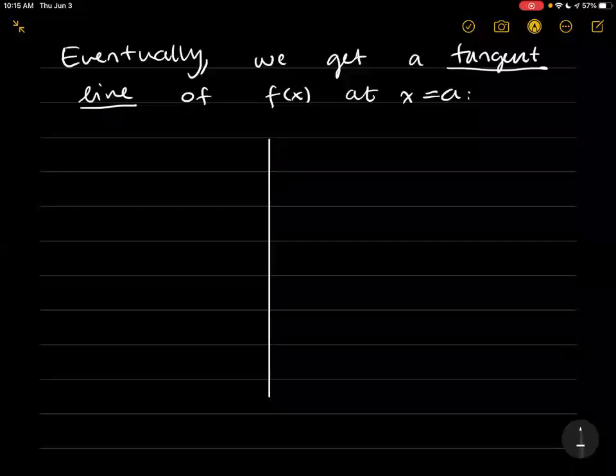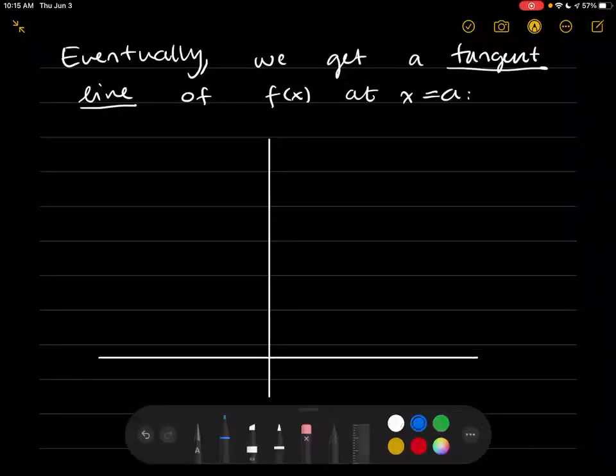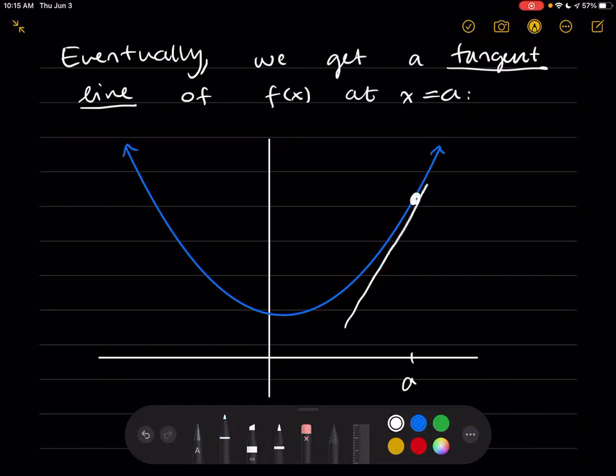So let's draw one more picture so we can see it cleaned up. If we look at our parabola, that line that was just barely touching at a, boink, it just kind of touches the blue graph at that spot and nowhere else. That's the tangent line, okay?